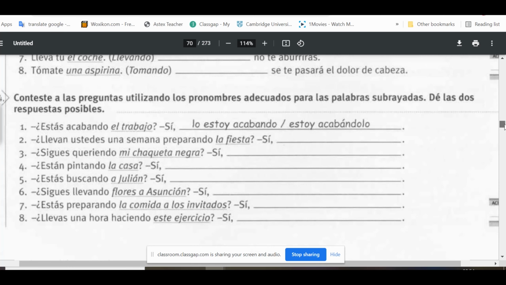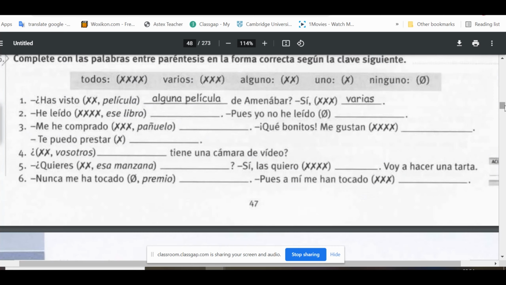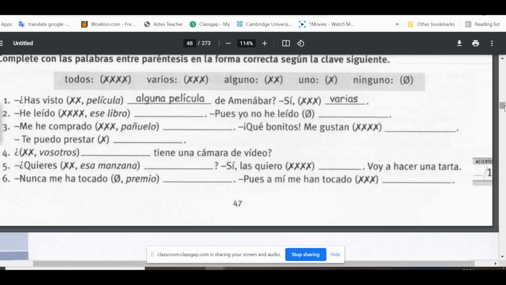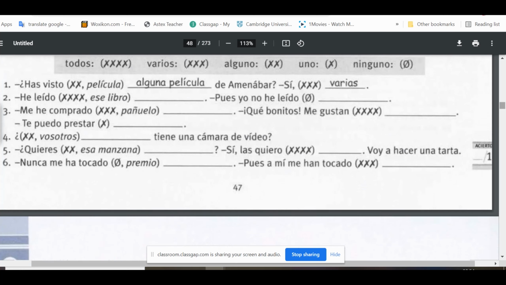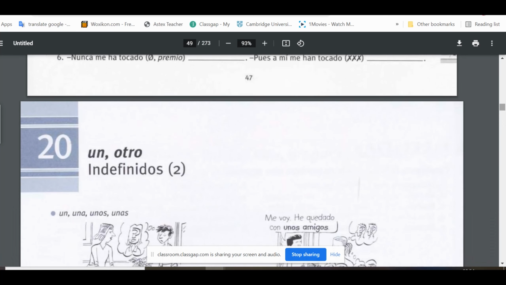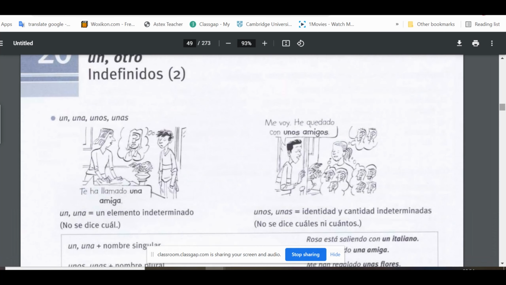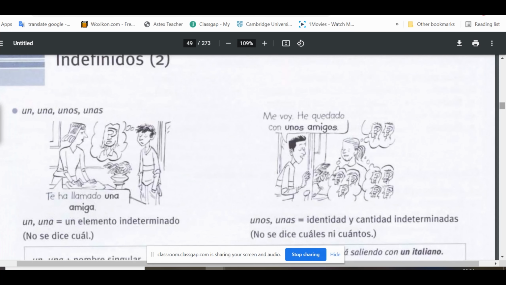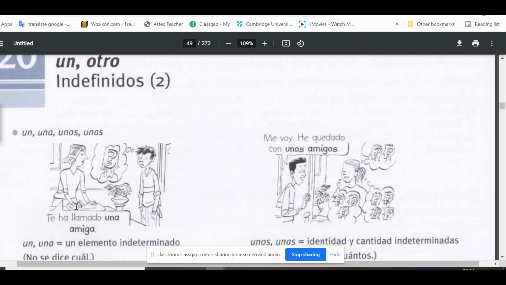Let me try something different. Okay, let's practice this. Also important. So all this is what we call the indefinite article in Spanish.